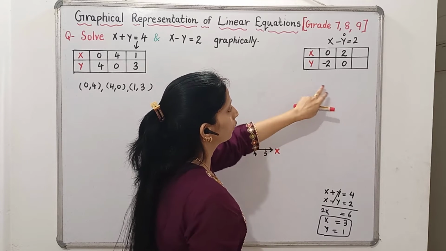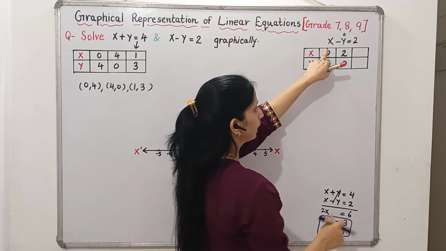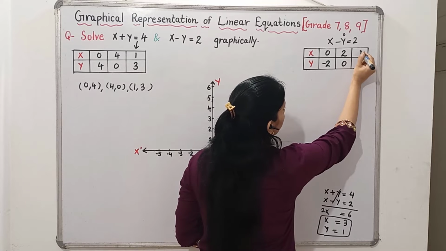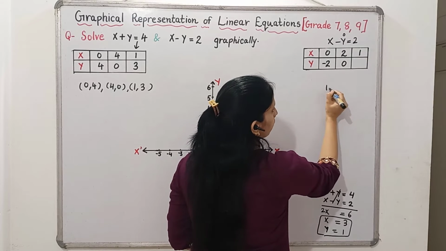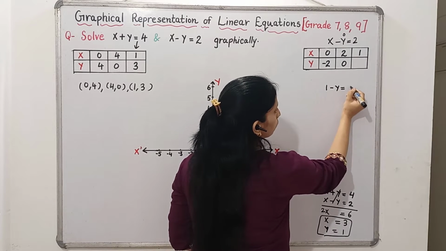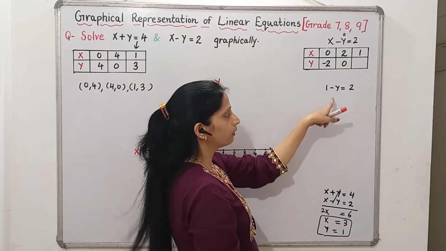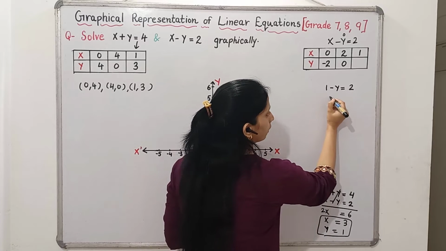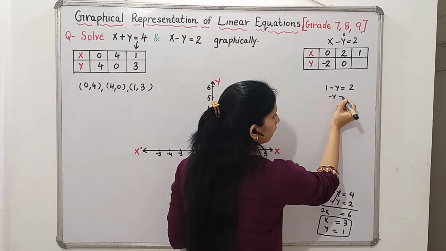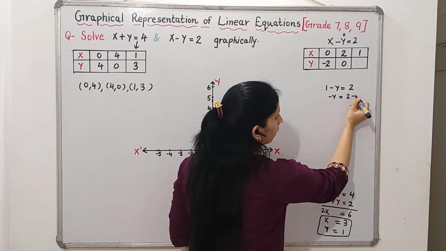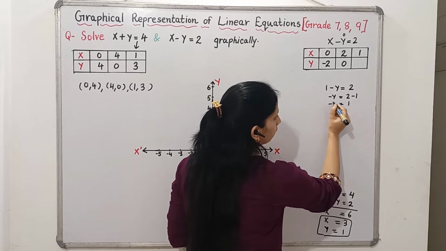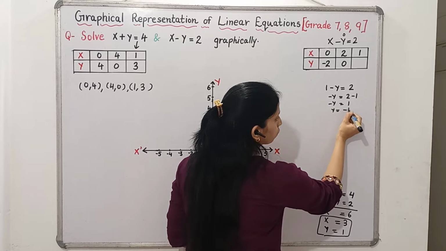Now you can take any other value. I have taken x is equal to 1. So 1 minus y is equal to 2. So what will be the value of y? Minus y will be equal to 2 minus 1, or 1. So y will be minus 1.